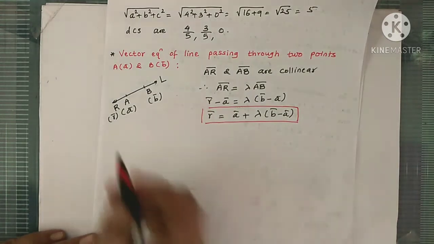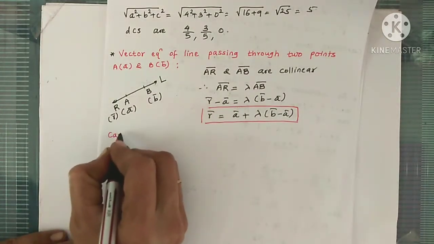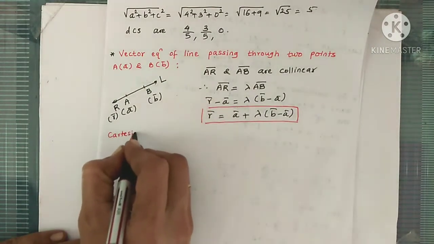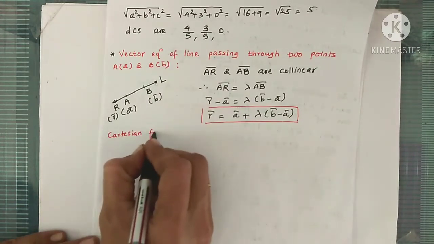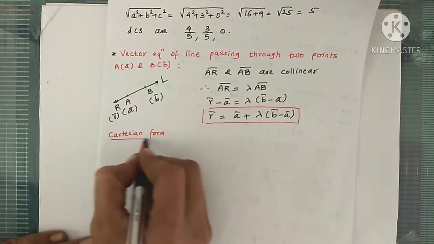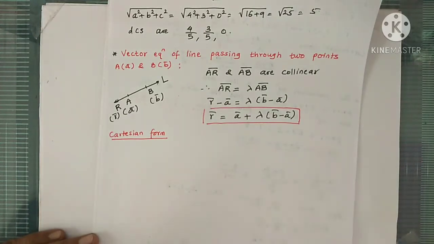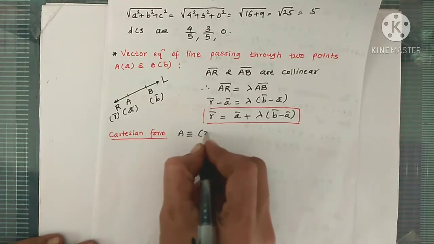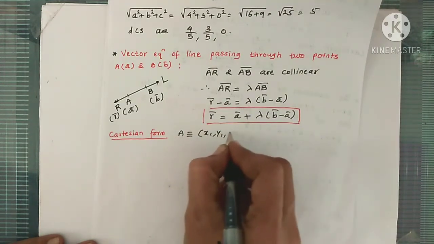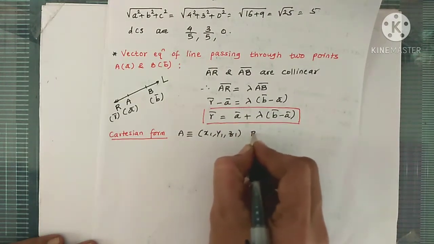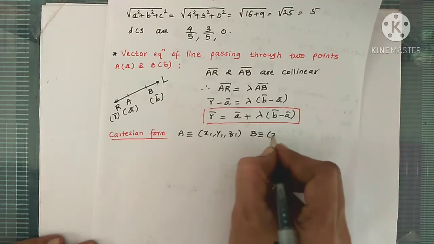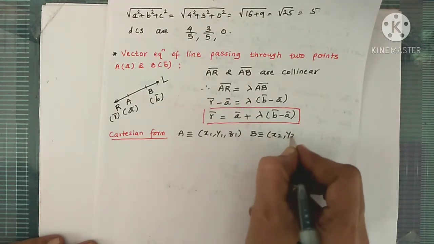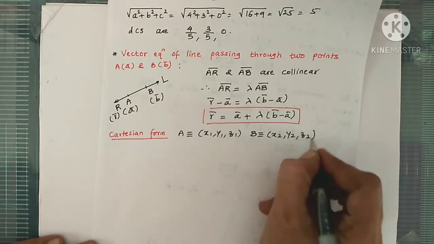Now let's derive the equation in Cartesian form. So in Cartesian form, let's take point A as x1, y1, z1, point B x2, y2, z2. So these two are fixed points. These are given points.